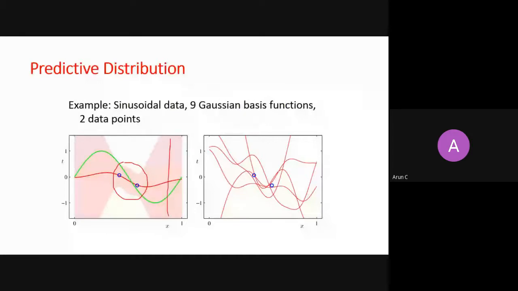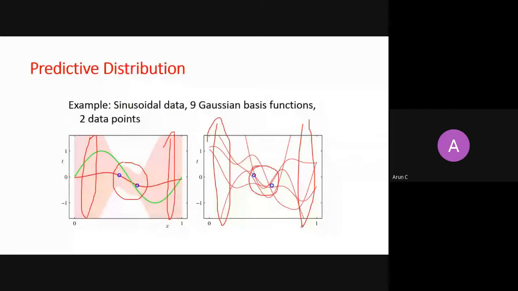But because the data set doesn't see anything here, the variance is very large. If you draw some functions from the posterior distribution, they scatter in this region, but they squeeze together here because the certainty is high, because of the variance matrix of the predictive distribution. Similar for this.